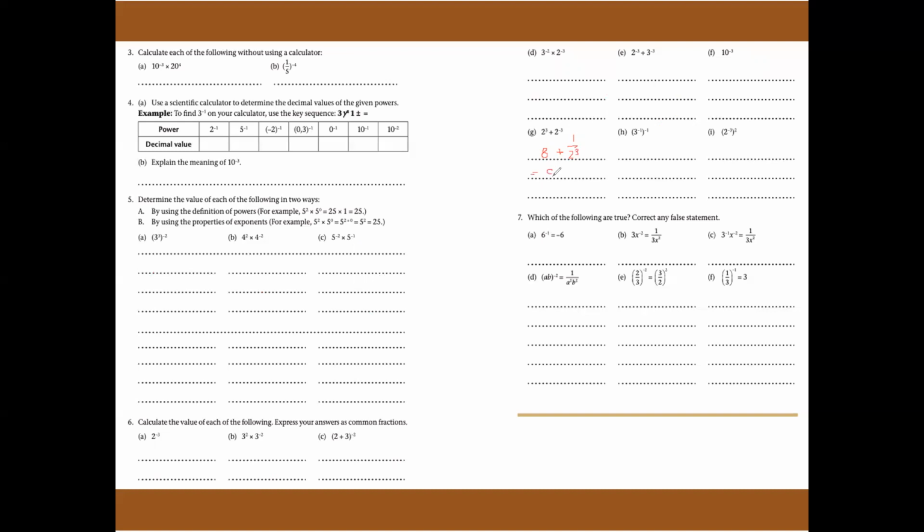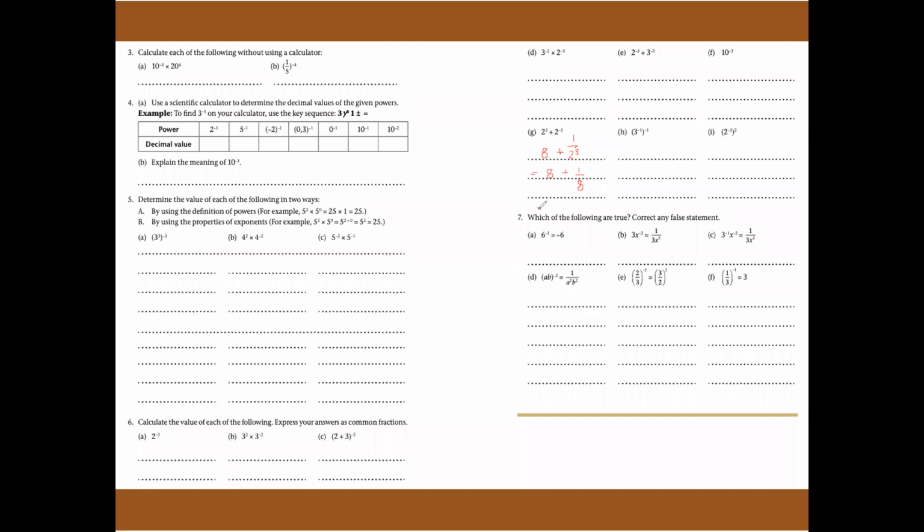So you have an 8 plus an 8th, which is then just all that you do is you just add them together because you have a whole number and you have a fraction, and you just then add them together.